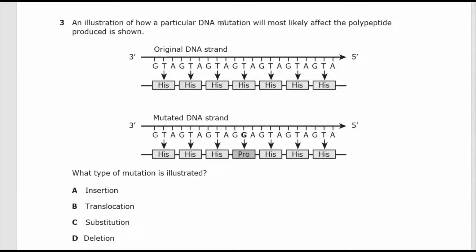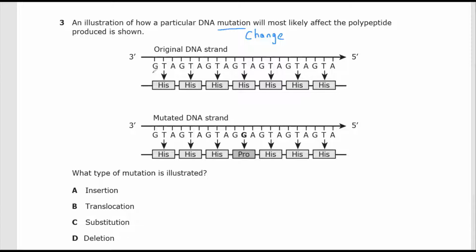First of all, we need to know what a mutation is. A mutation is any change in the DNA molecule. As you know, DNA molecules are made out of nucleotides. Nucleic acids are made out of nucleotides.